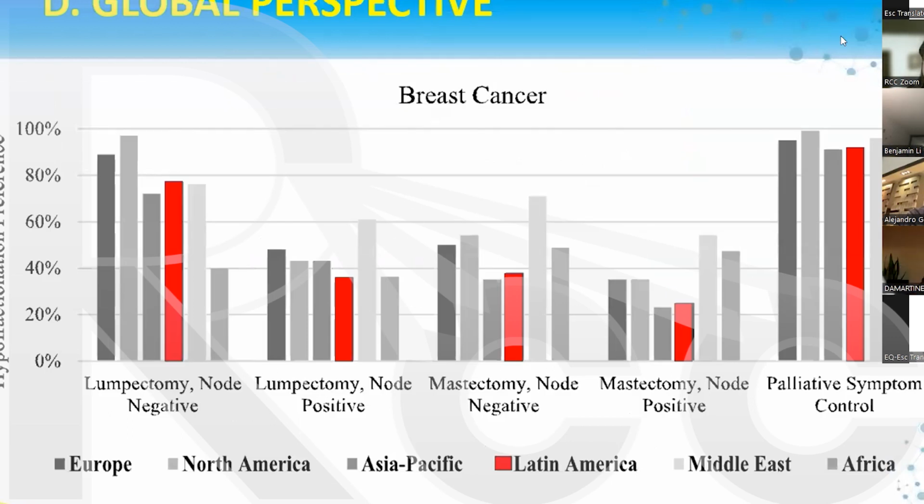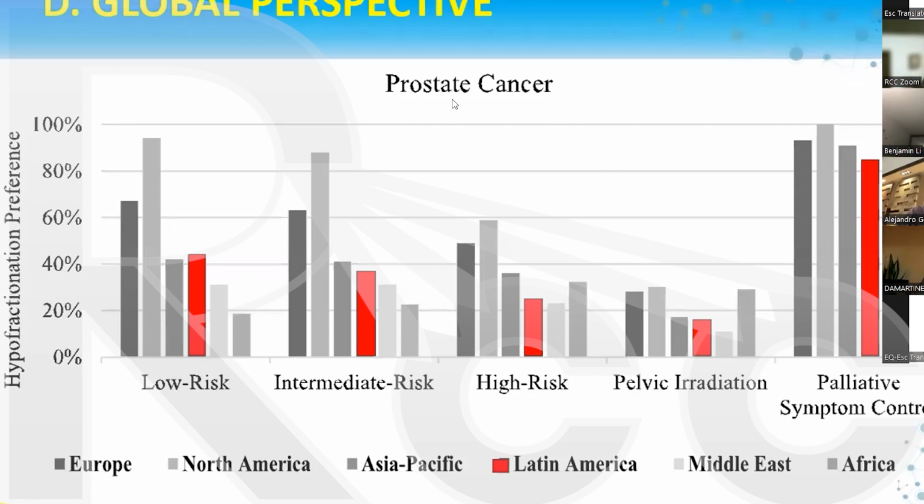So we can see that when we look at the main indications, which we will talk about in depth in the next lectures within the course, hypofractionation after conservation surgeries has a use rate of 78%. But towards mastectomy with positive or negative nodes, the percentage of use is reduced, even though we have available evidence that we can do it in these scenarios.